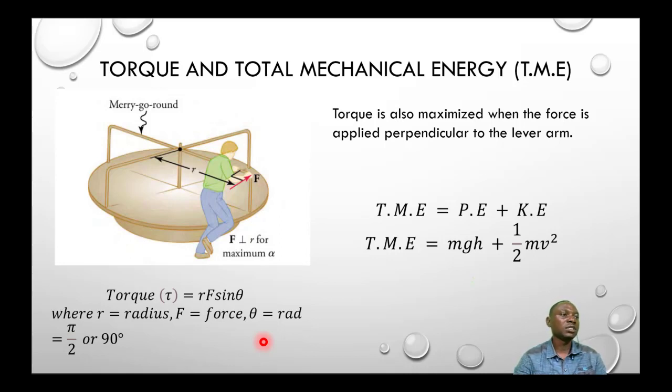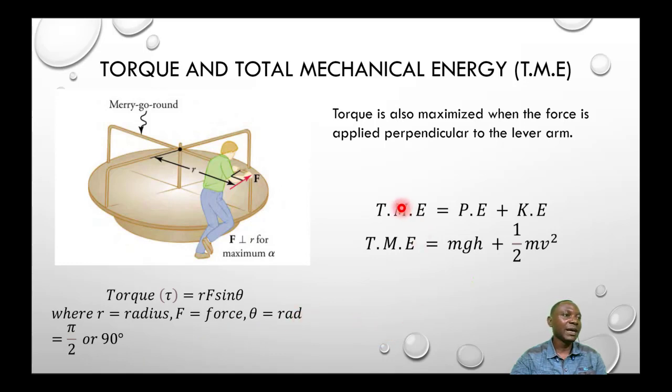The formula for calculating torque is the radius of the rotation multiplied by the force applied perpendicular to the pivot point, multiplied by the sine of the angle of application. Most times the angle of application is perpendicular to the pivot point, so it is 90 degrees, that is pi over 2 radian.